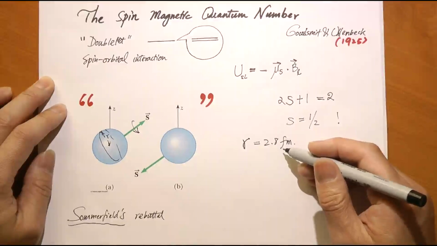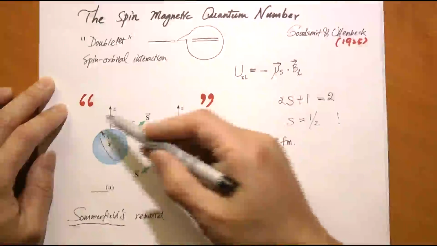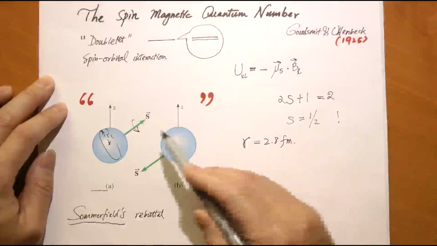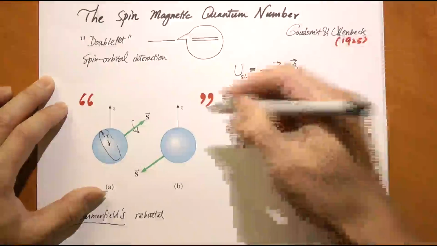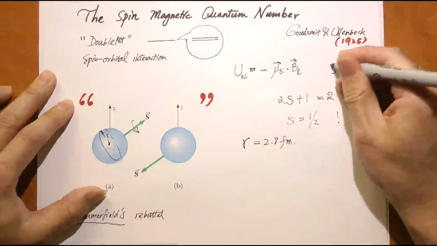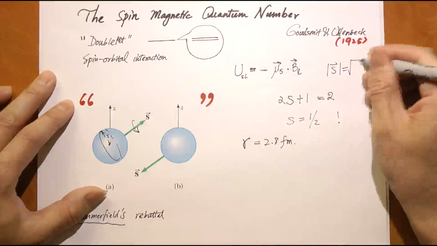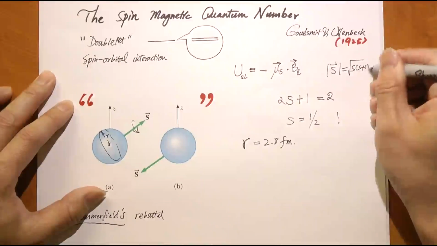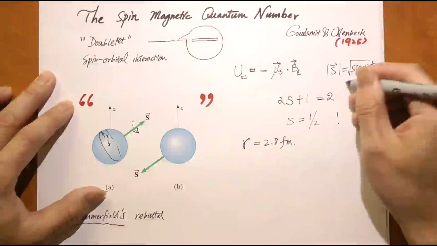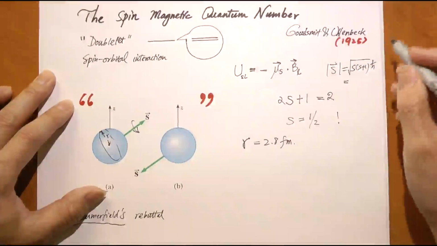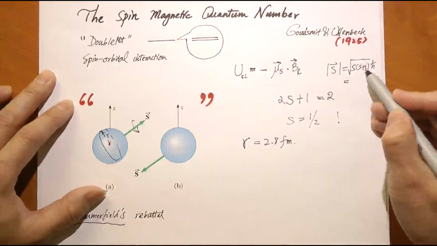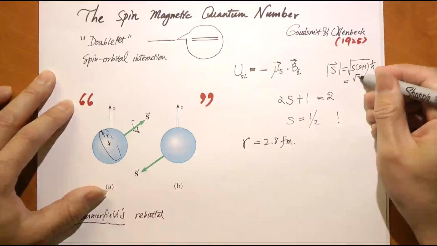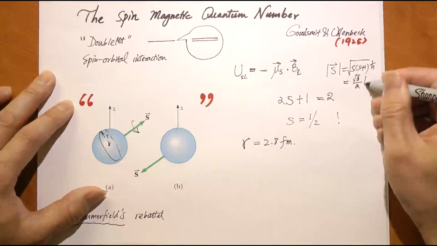And he says, look, if you want to produce enough angular momentum, how much angular momentum are we talking about? The angular momentum we're talking about, S, the magnitude, equals what? The square root of S times S plus 1 times h bar, right? And S equals 1/2, so this is actually 1/2 times 3/2, that's the square root of 3 over 2 times h bar.